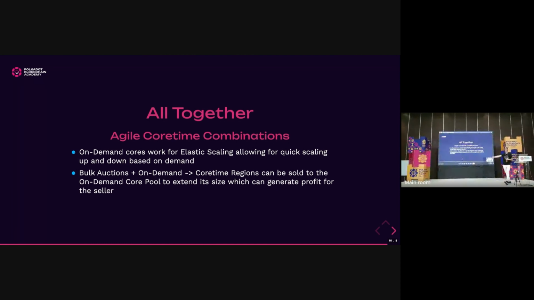If there's a lot of pending transactions in your collator mempools, you can essentially have a script purchase extra on-demand cores temporarily, and then immediately elastically scale, add them to your parachain. So you temporarily, for a few blocks, have 2, 3, 4 cores. You consume the backlog of transactions, and then you actually scale down back to 1 core. Stuff like that was definitely not possible before, and working together with on-demand and elastic scaling allows you to build stuff like that.